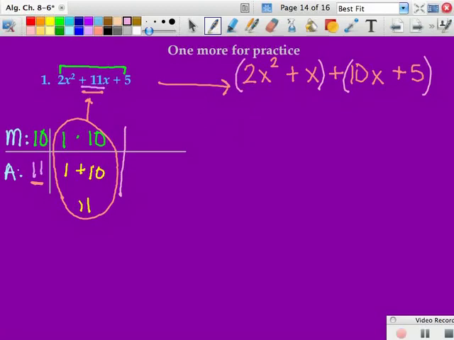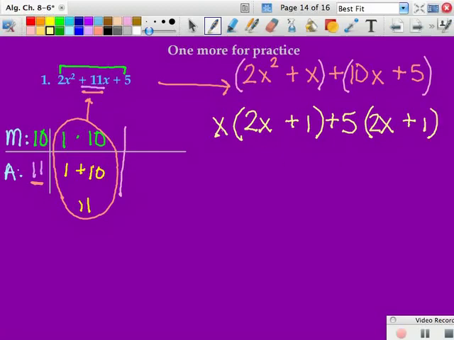In here, we have 5, and what's left over is 2x plus 1. Group together your GCFs, x plus 5, and group together your last leftovers, 2x plus 1. Okay, and always check it by using either FOIL or box.